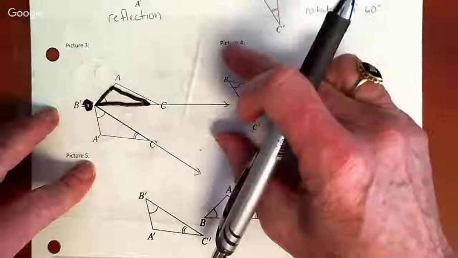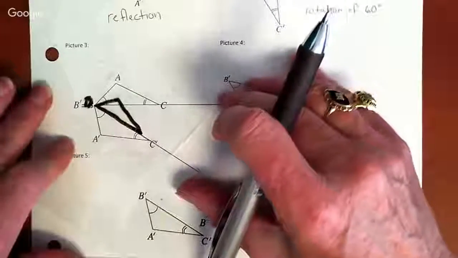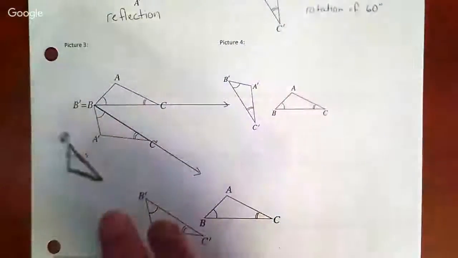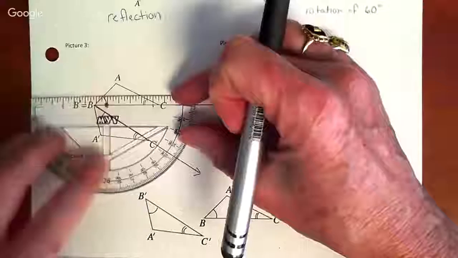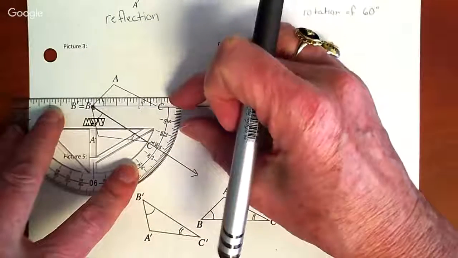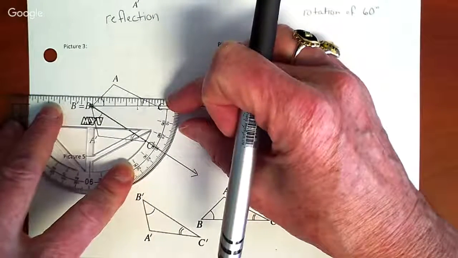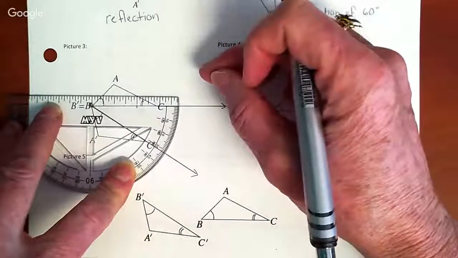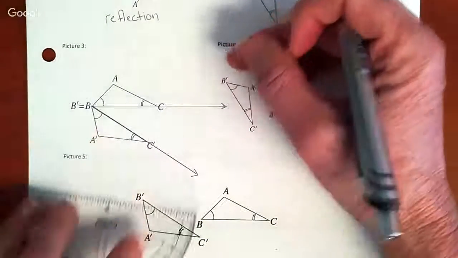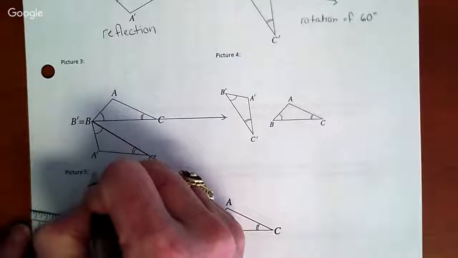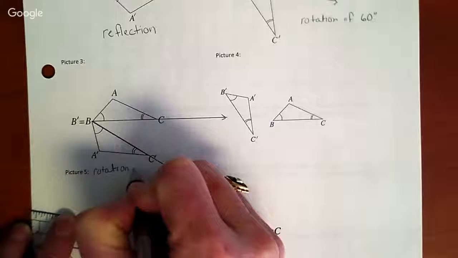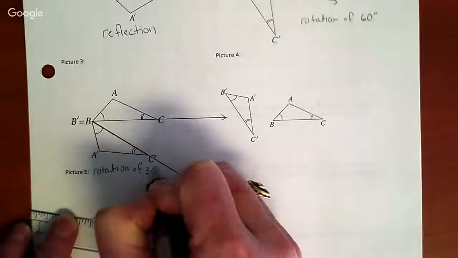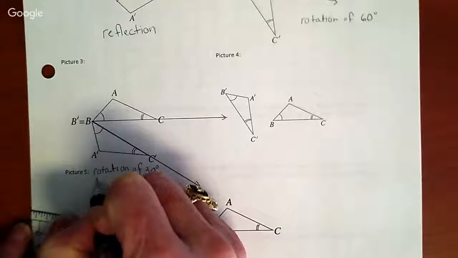I can rotate it to here and then reflect it, or flip it. So to find the rotation of that again, here's my rotating. I'm rotating it about 32 degrees. So a rotation of 30 degrees and a reflection.